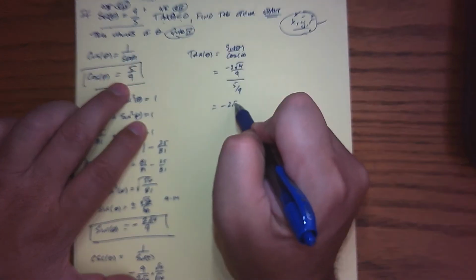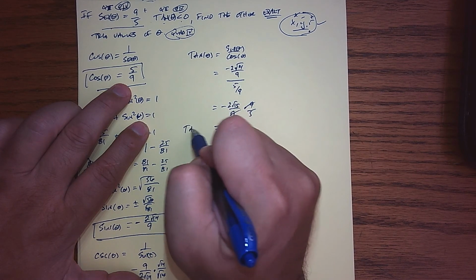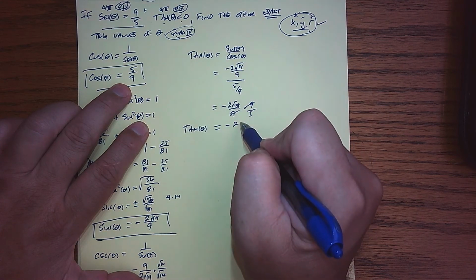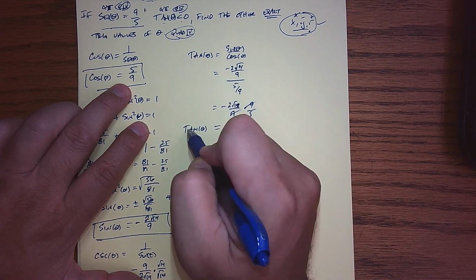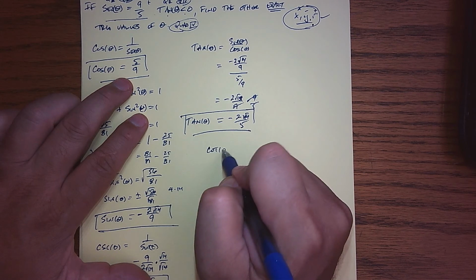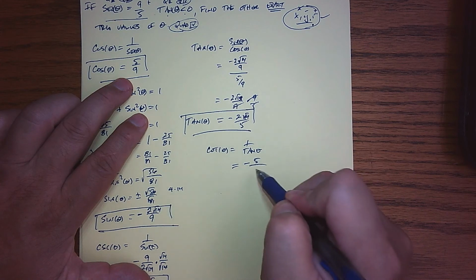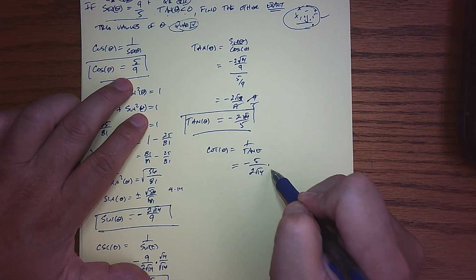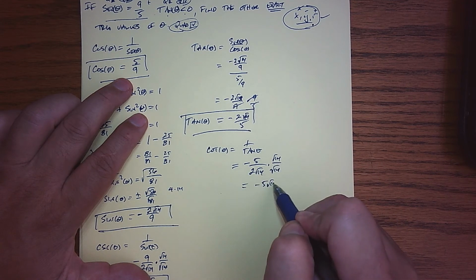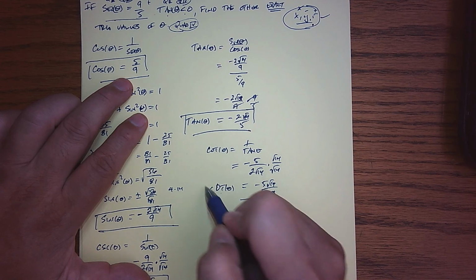So multiplying by a reciprocal, the 9's cancel out, and we find that the tangent of theta is negative 2 square roots of 14 all over 5. So there's our tangent. And then once we have tangent, we know that the cotangent is 1 over the tangent. So finding that reciprocal, we have negative 5 over 2 square roots of 14. Again, rationalizing my denominator, we get negative 5 square roots of 14 all over 28. So there's our cotangent of theta.